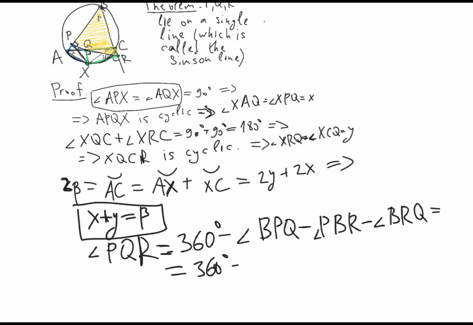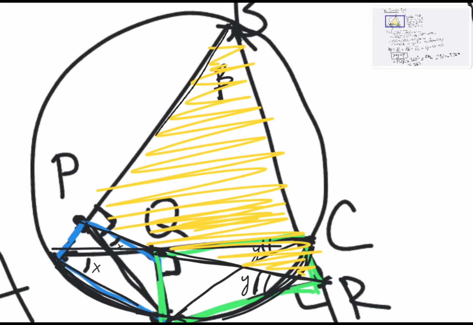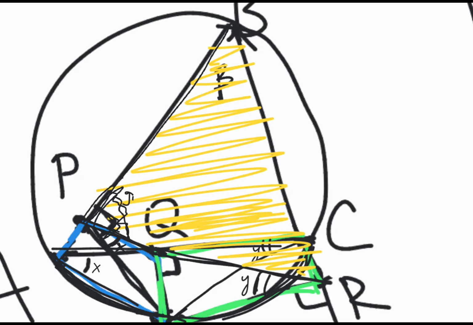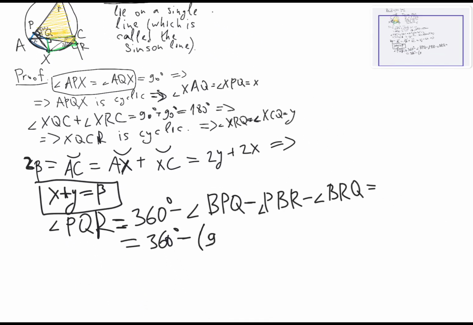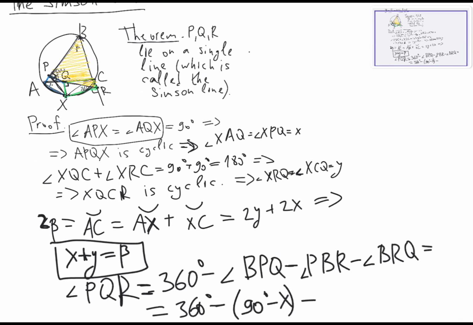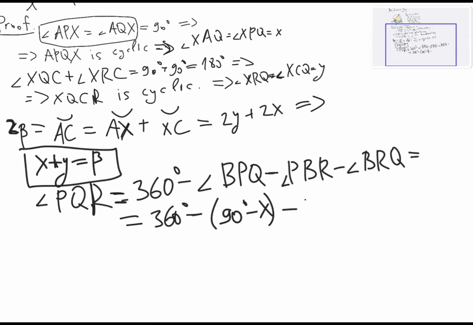So 360 we rewrite as this. Now BPQ, this angle is 90 degrees minus x, because this angle is x and this is 90 degrees. Now PBR is simply beta, so minus beta.